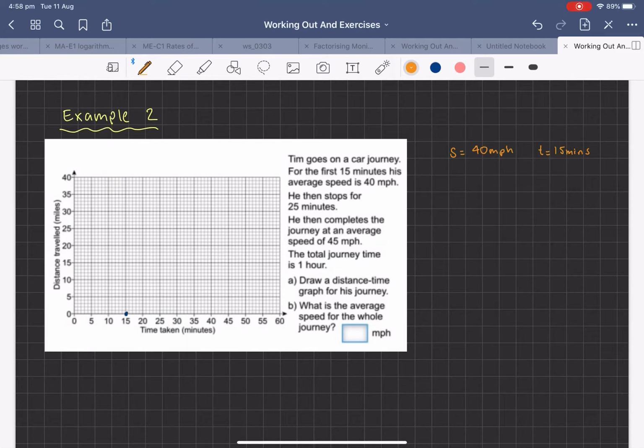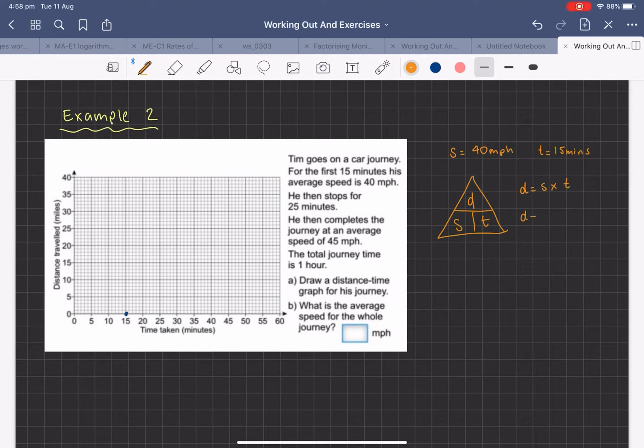Because I've got the blue dot on the graph where you can see it is, but what I need to work out is what his distance is, so I can put a dot there and then make the straight line. But I don't know what the distance is yet, so we need to do a few calculations. So we know from our speed, distance, time triangle that distance is speed times time.